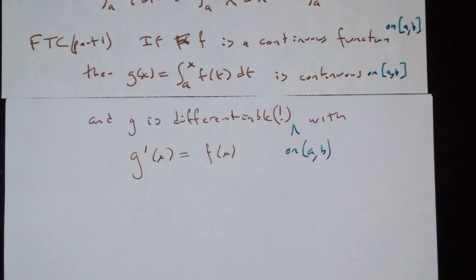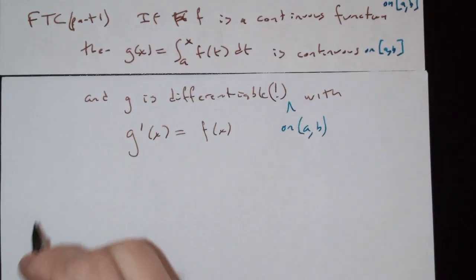That's a rare occurrence. But most of the time, it's sufficient to know that I'm looking at some point in the domain of my function. Why would I do such a thing?